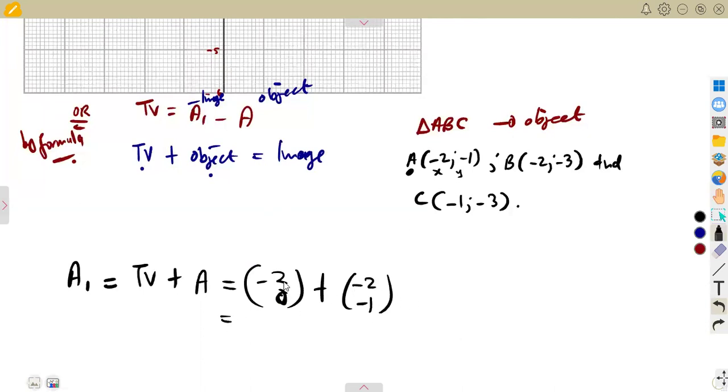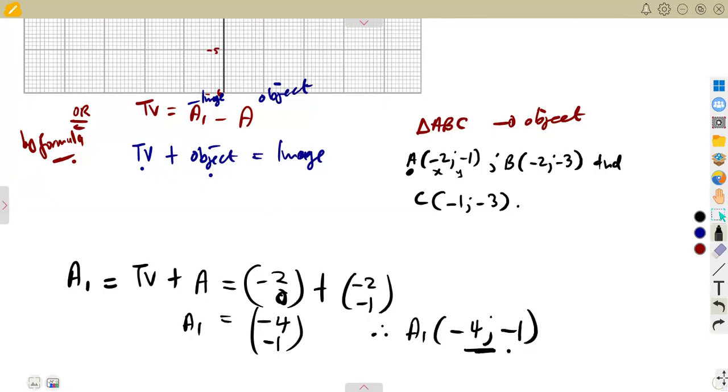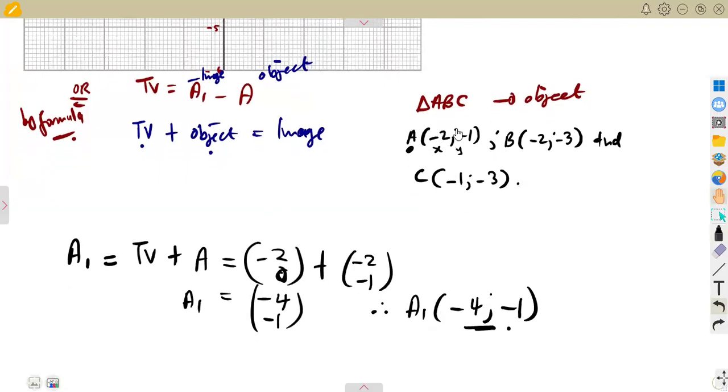If I add these two, minus 2 plus minus 2, that's minus 4. 0 plus minus 1, that's minus 1. So this represents A1, but it's just in vector form. You just need to know that it simply means the point A1 is minus 4, minus 1.